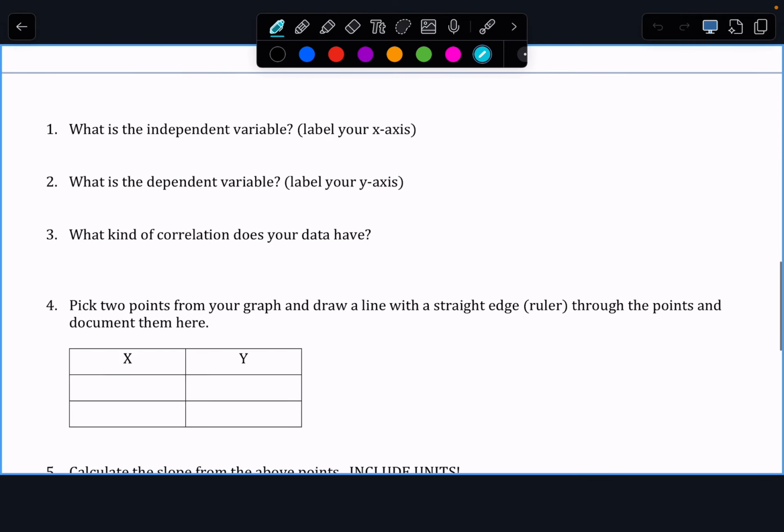We have already decided that our independent variable was the number of people, and the dependent variable was time in seconds. And we have decided that our scatter plot has what kind of correlation? Positive.